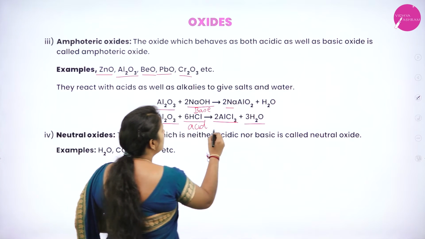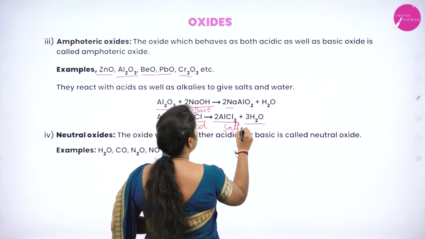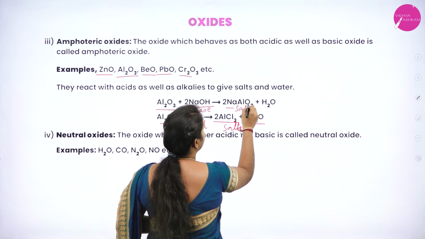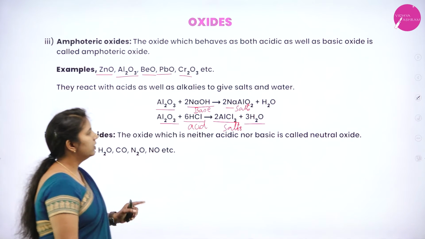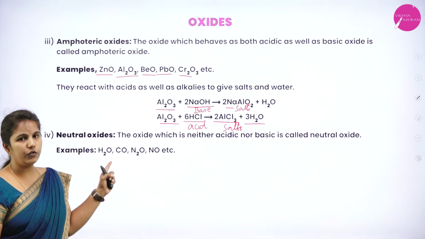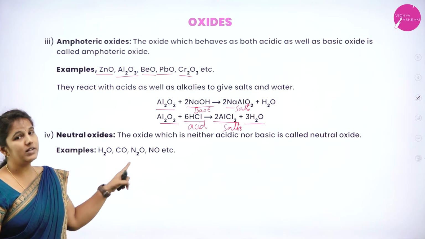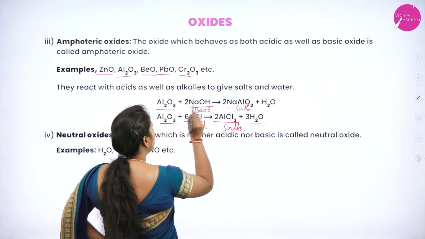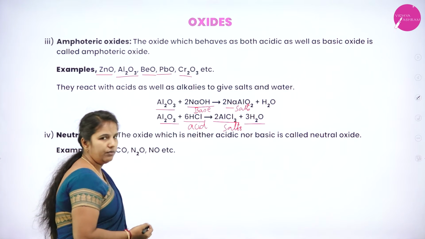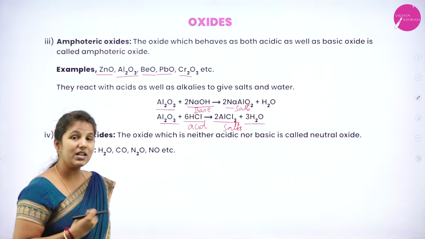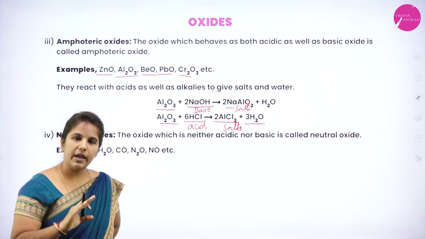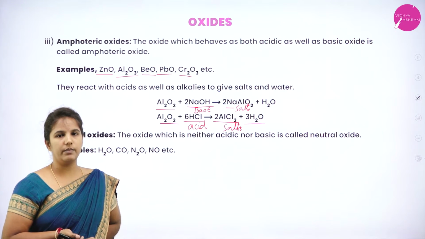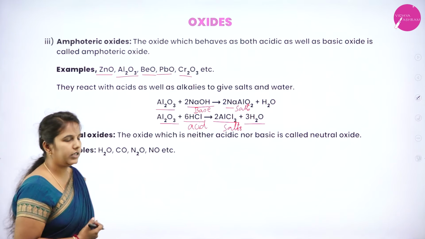These are also salts. So this indicates that amphoteric oxides, if they react with an acid, form a salt and water, and if they react with a base, they also form a salt and water. This indicates that amphoteric oxides behave like an acid as well as a base. Hence, it is known as amphoteric.